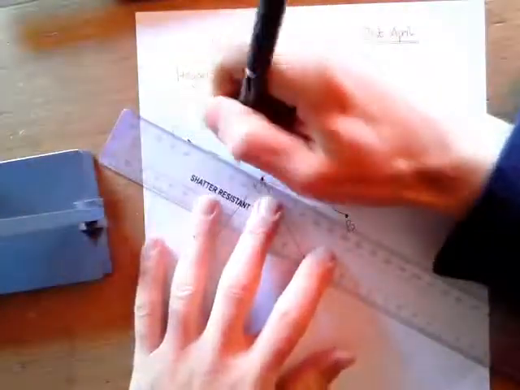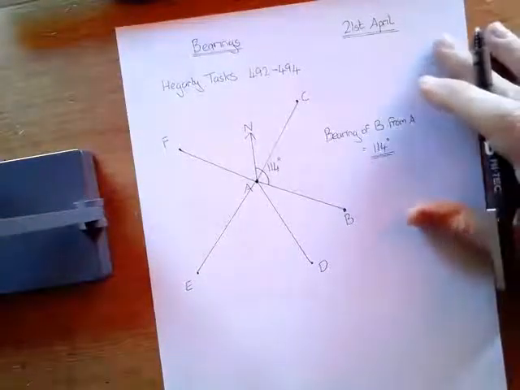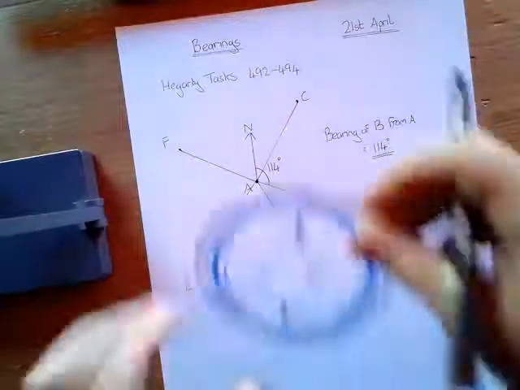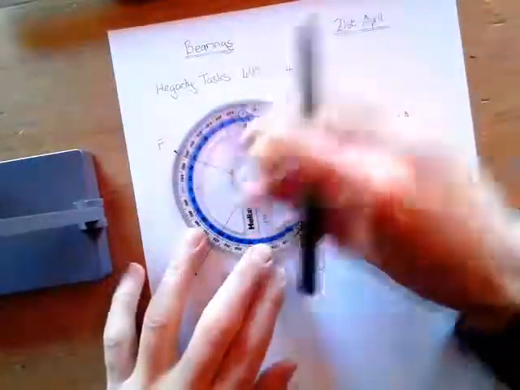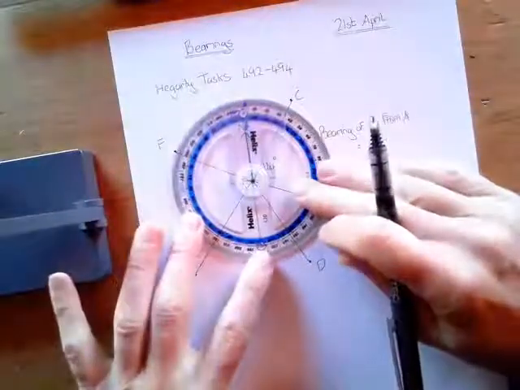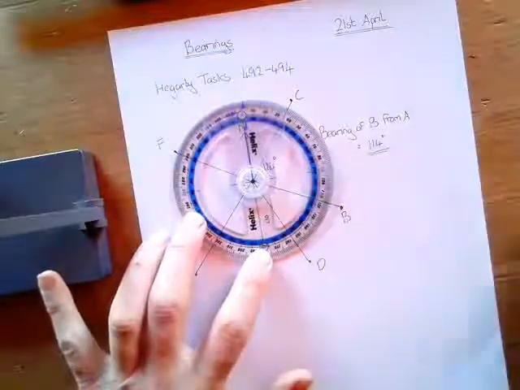For each of them, I could get my angle measurer out and find the bearing simply by putting it on and once again measuring the angle round here. I'm not actually going to do the whole process now. Well, perhaps I will do. It won't take me very long.